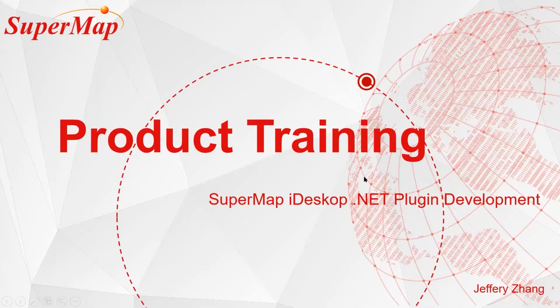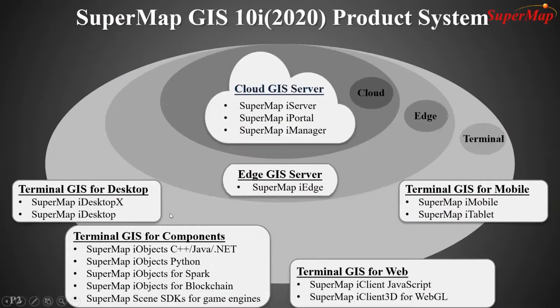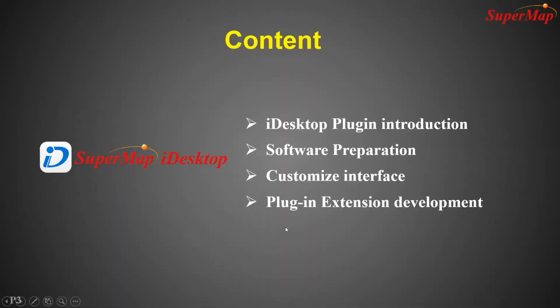So now let's start the iDesktop.NET plugin development. From this architecture map, you can see the SuperMap iDesktop. We will show you this product, and the contents have 4 parts.